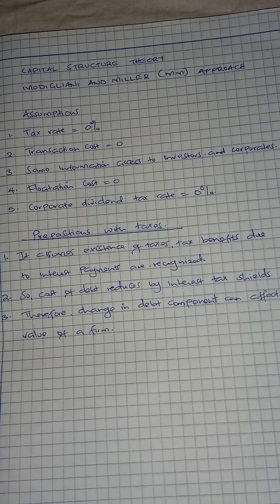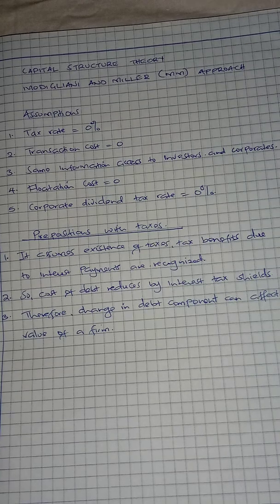So this approach with corporate taxes does acknowledge tax savings, because practically most companies are taxed. It thus infers that a change in the debt equity ratio has an effect on the weighted average cost of capital.